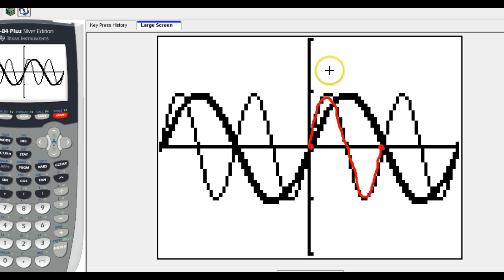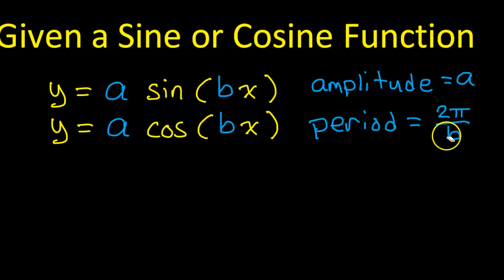So the period is now pi. It's hard to draw on this version of the screen. The period went from 2 pi to pi. So that's why we say the period is 2 pi divided by this b value.